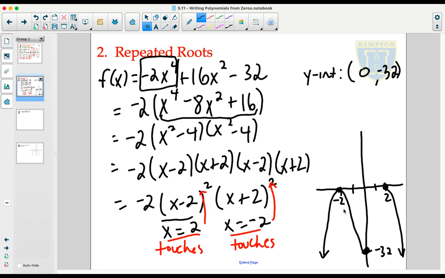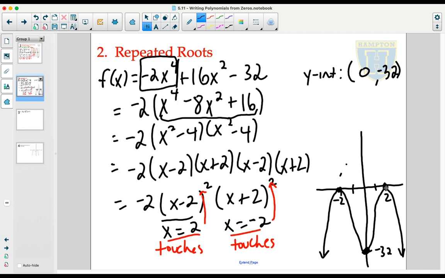The reason is that if I crossed over the axis at negative 2, at some point I would have to cross back over the axis to get down to negative 32, and I don't have any more intercepts. Those two are the only two that I have. So because I know that I need to go through negative 32 after going through negative 2 on the x-axis, I'm going to have to come back down and then travel back up to the 2.